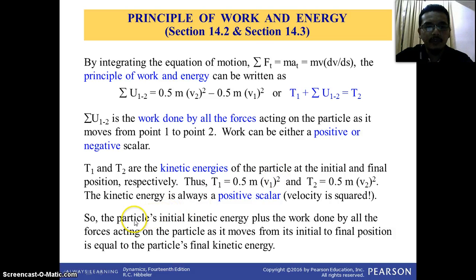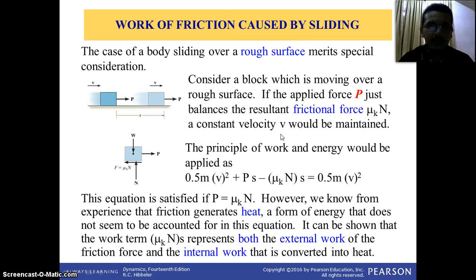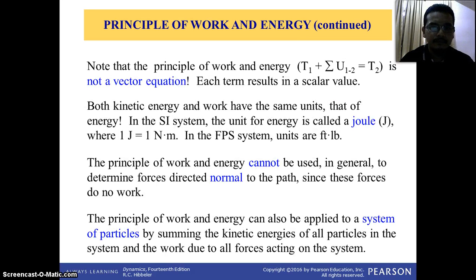So for the particle, the initial kinetic energy plus the total work done by all the forces acting on the particle as it moves from its initial to final position is equal to the particle's final kinetic energy. The principle here is not a vector equation, because each term is a scalar value.